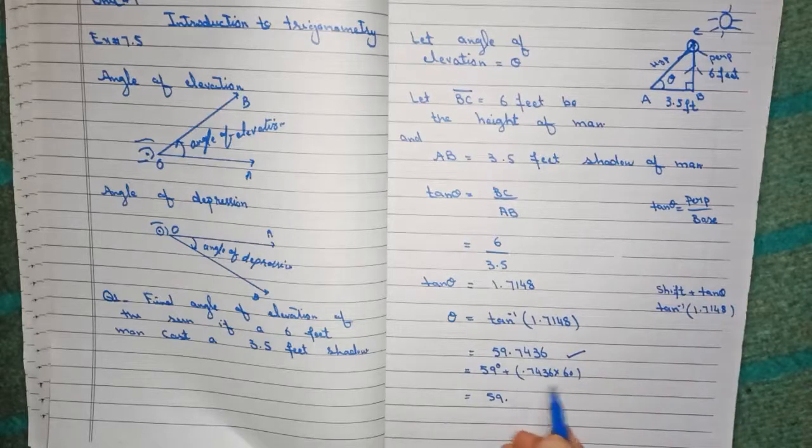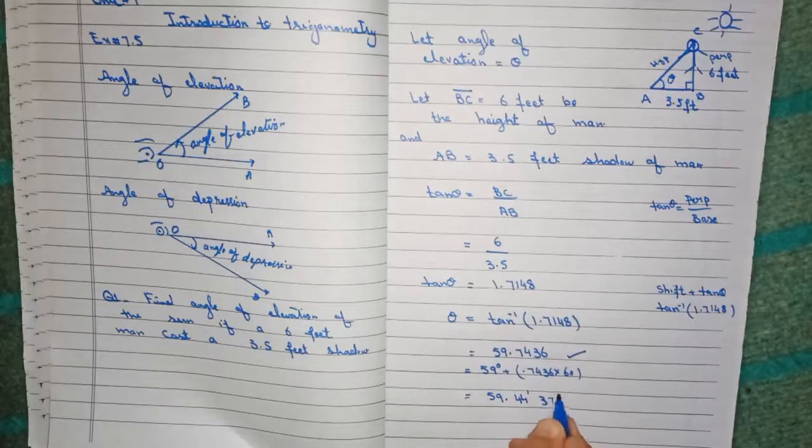After finding the minutes and seconds, you find that it will be 44 minutes and 37 seconds. You know the method to convert a given decimal form to degrees, minutes and seconds.